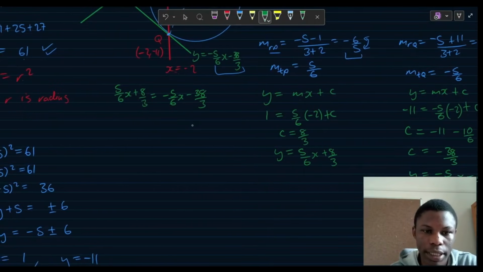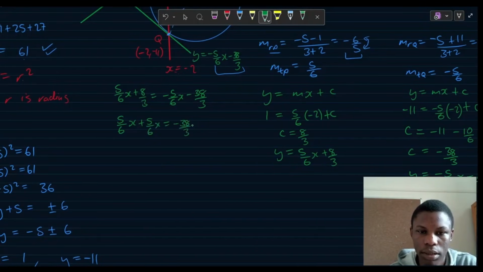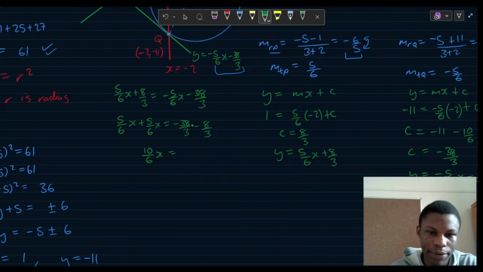And let's put everything that is x on one side and everything else on the other side. And so we have 10 over 6x is equal to, that's negative 38 minus 8, so negative 46 over 3.